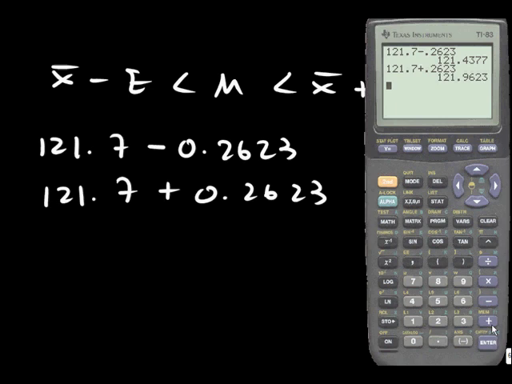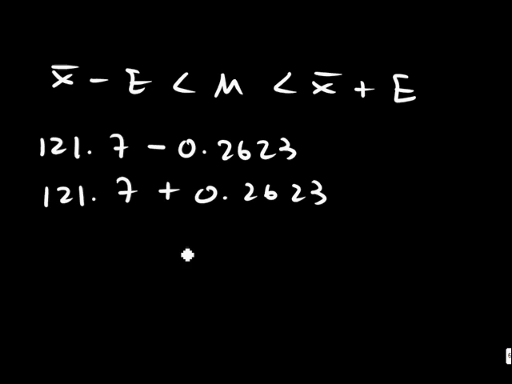We have a problem here. This is not our sample mean. Sorry. The sample mean was 121.7 divided by 8, which is 15.2125.